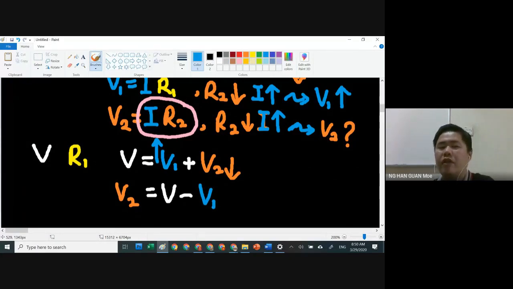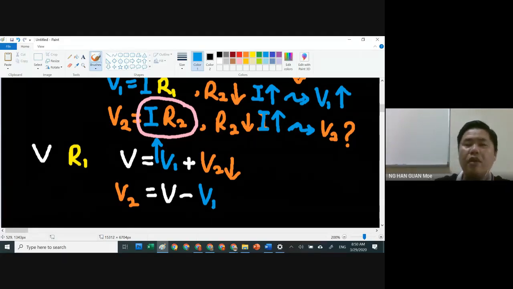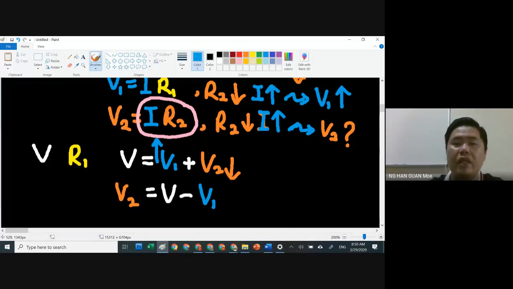So when V1 increases but the effective V is constant, a constant minus a bigger value gives a smaller result, so V2 will decrease. V2 actually decreases. And this is really important for you to understand why we have the result for the EMF experiment: V decreases linearly with current.